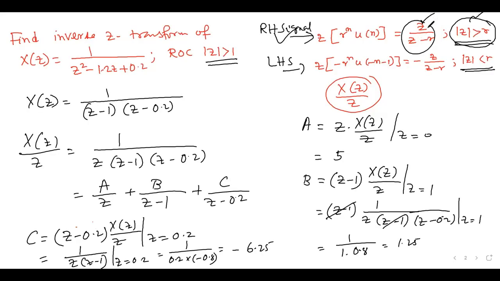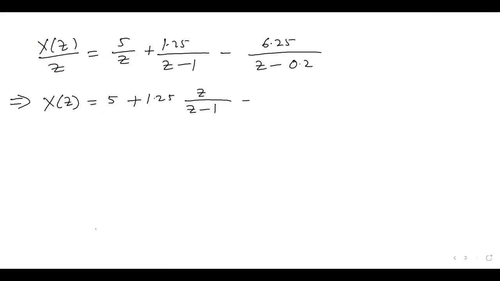In order to get a z in the numerator, remember we need a z in the numerator for all terms. That is why we find the partial fraction of Xz by z, because for each function we need a z in the numerator. So z by (z minus 0.2).